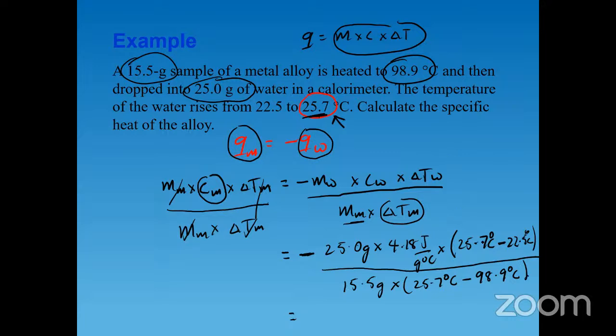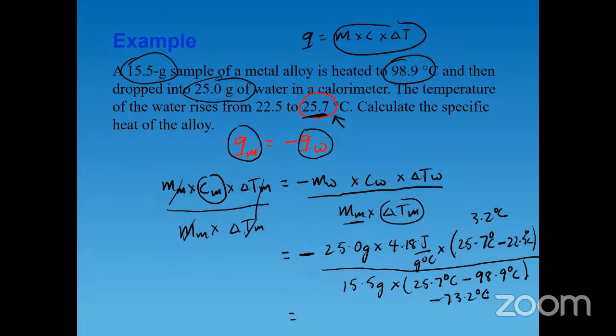So within this parentheses, you have 25.7 minus 22.5. And according to my calculation, that's 3.2 degrees Celsius. And then for below, 25.7 minus 98.9. And according to my calculation, this part gives minus 73.2 degrees Celsius.